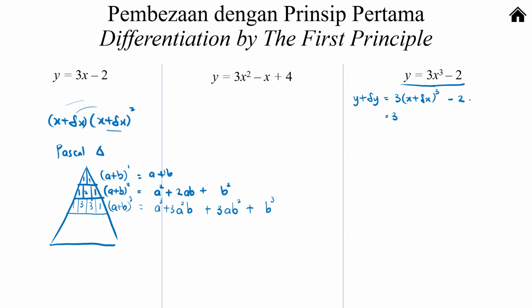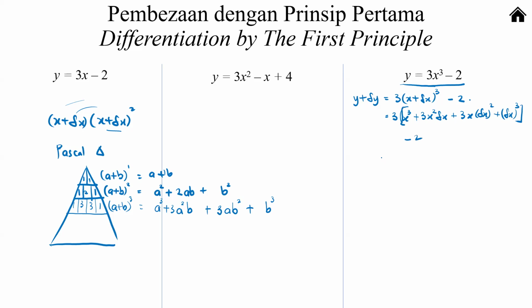So 3, so x cubed plus 3x squared delta x plus 3x delta x squared, and then fully pass the power to delta x, so you have cube here. Okay, minus 2.